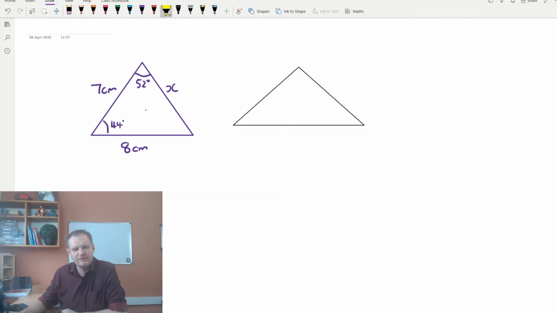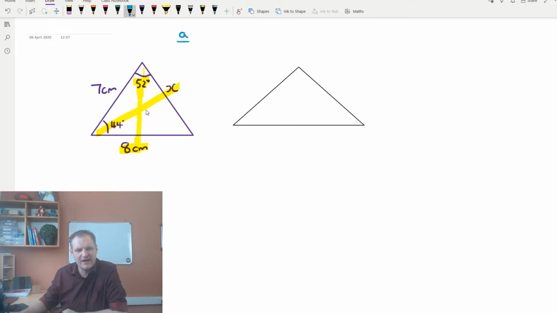Now, the reason I've done this, I wanted to demonstrate that the 7 is not useful here. That is a pair of information, and that is a pair of information. Those pairs go together.